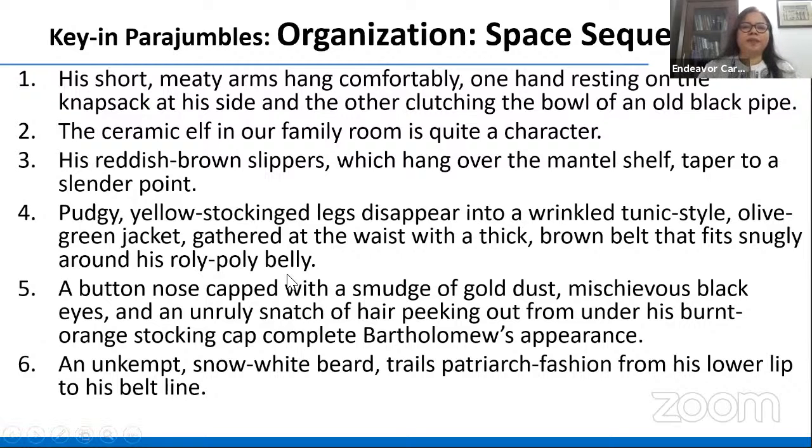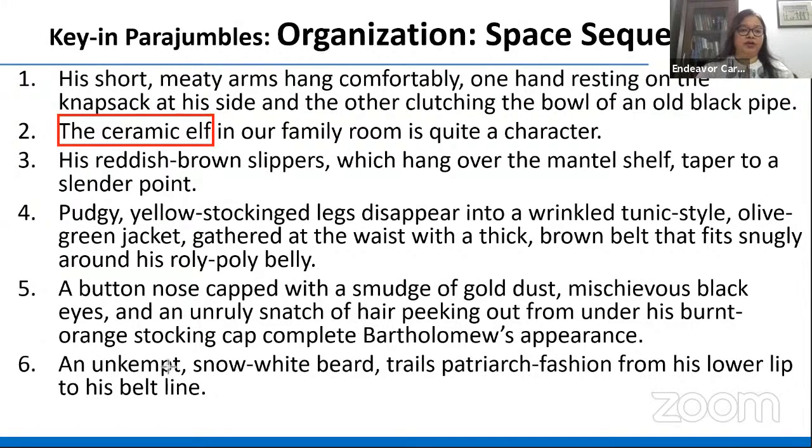Here we are talking about a ceramic elf, all right, ceramic elf. And that's what you find in sentence 2. The ceramic elf in our family room is quite a character, and then you're describing him. So when you realize that it's a human-like form that you're describing, a living body, you'll want to think of the face first and then face downward, right?